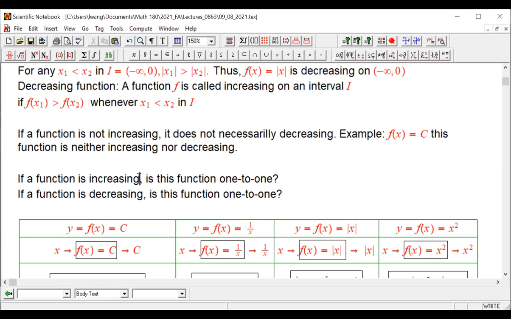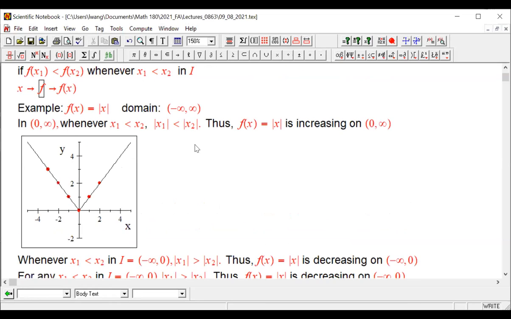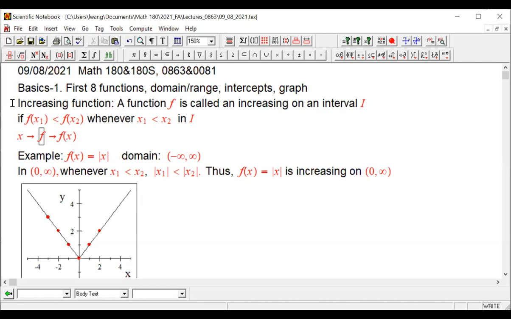This usually will require rigorous proof. But the proof will be pretty straightforward here, because when we try to prove this, we want to put these definitions together. Okay, so now let's do this. I'm going to show you how to do it. Okay, increasing function.